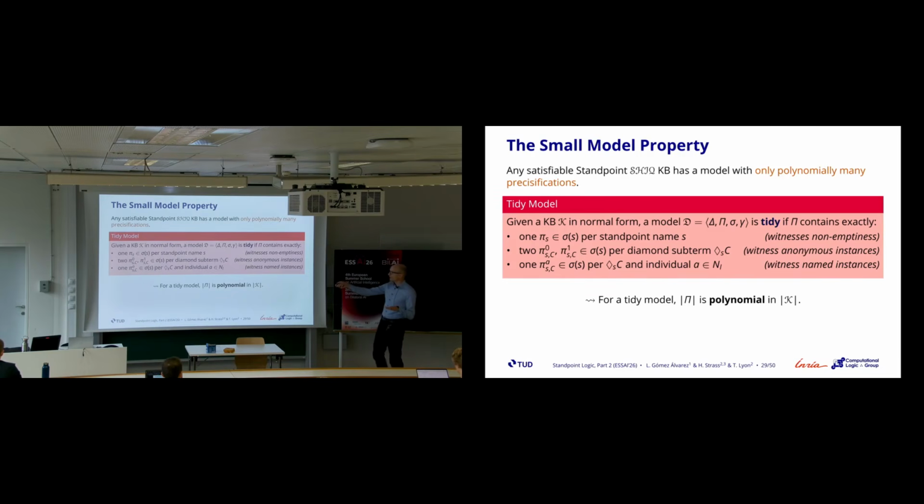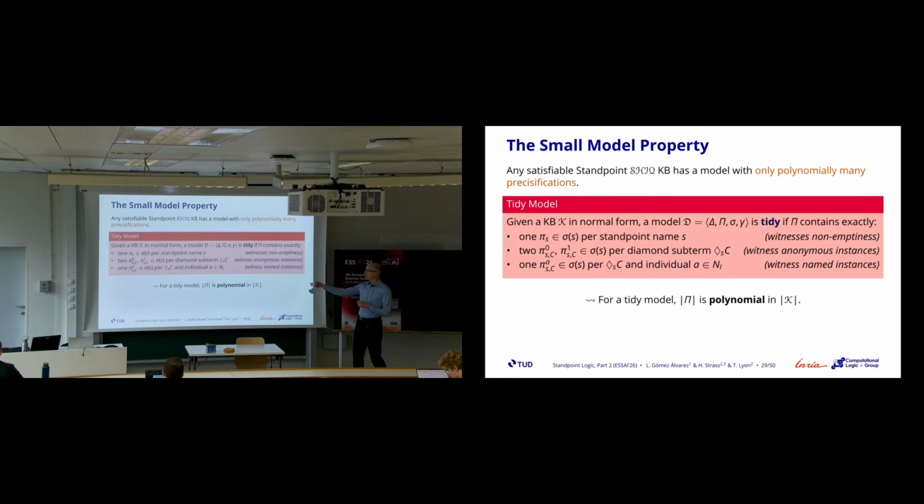And these things that have to be witnessed are, first of all, the standpoint extensions must be non-empty. So for each standpoint name in our vocabulary, we must have at least one precisification. For every diamond subterm that occurs somewhere in our knowledge base, we must have two witnesses. And for every diamond subterm and individual name, we must have one additional witness precisification. So that's the idea, right?